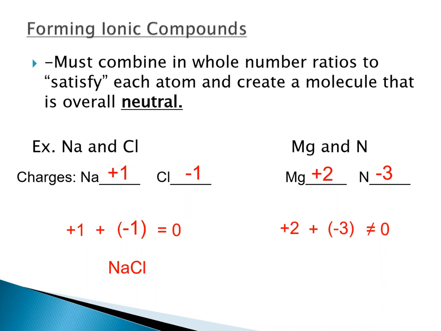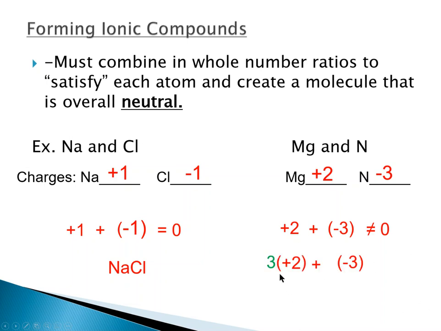So the question then becomes, what's the lowest charge I could have? The easy way to figure this one out is really just take the 2 charges you see there and multiply them together. I know that if I had 3 magnesium ions, I would have a total positive charge of +6. And if I had 2 nitride ions, I would have a charge of -6. So to solve this, I take the equation as it's written.